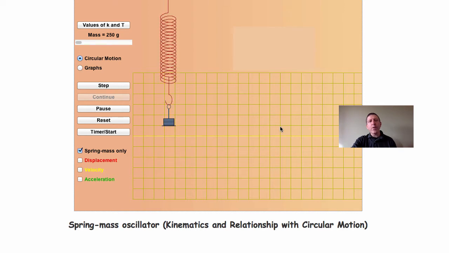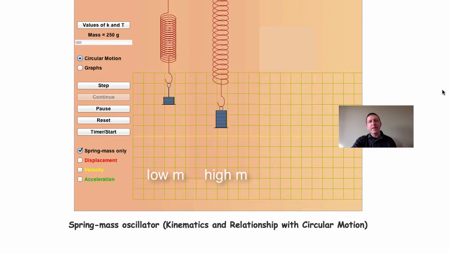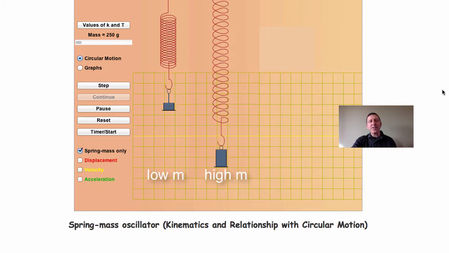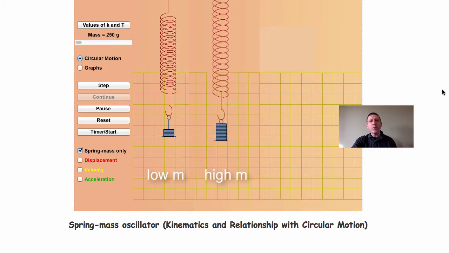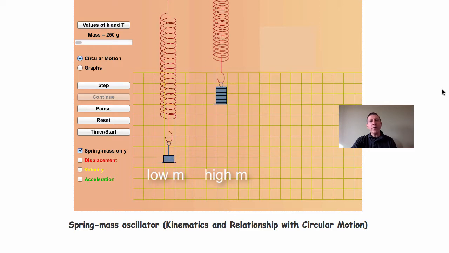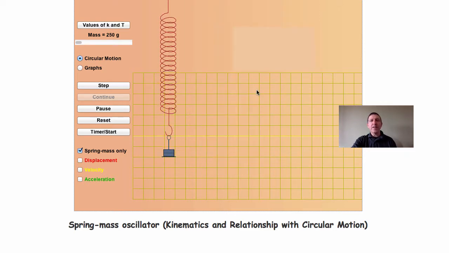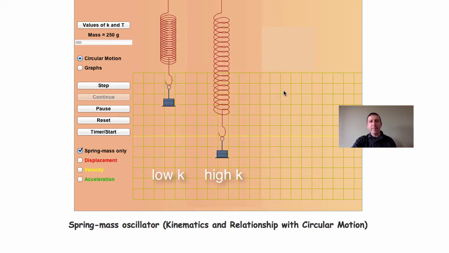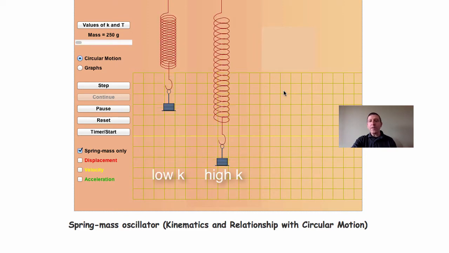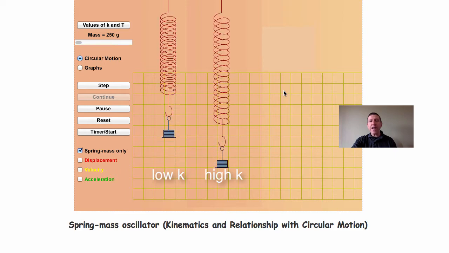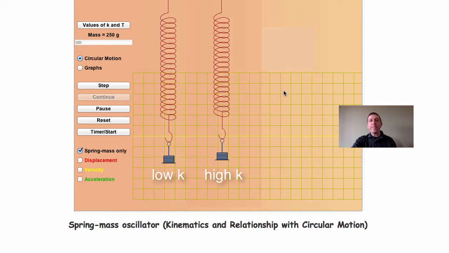Let's compare those two side by side so you can see that the less mass there is, the faster this thing moves up and down, the higher the frequency. Let's take a look at another example where I just increased the k. Check out this one. Same mass, higher k value, it goes faster.